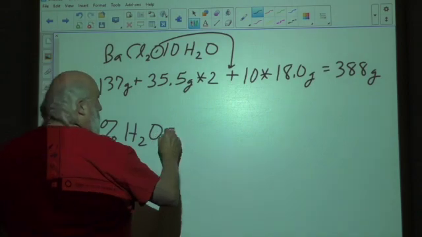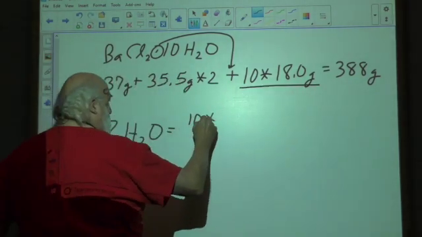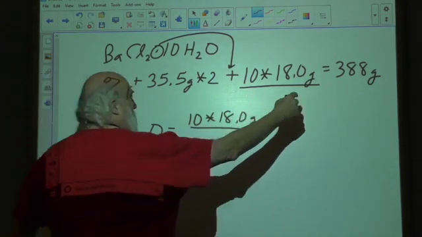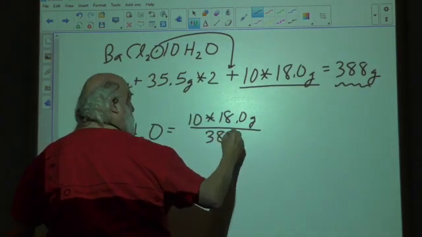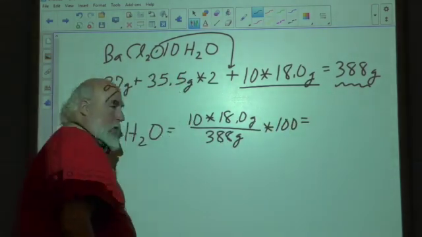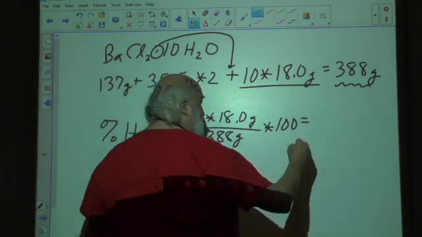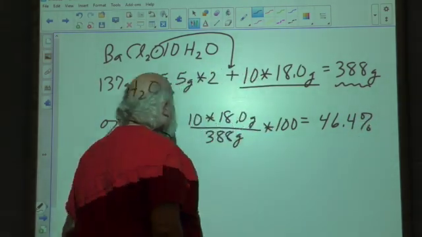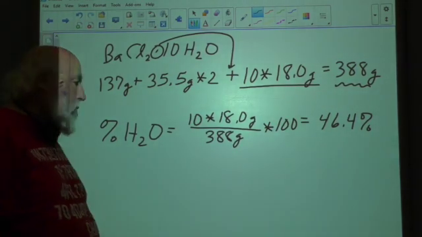Well, the water part is the 10 times 18.0, so I'll put that on top, divided by the entire mass, which is 388 grams. And then we change that to a percent by multiplying by 100. Okay? And we get for this 46.4%. So 46.4% of that hydrate is trapped water.